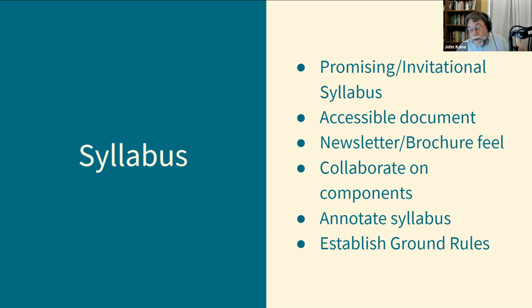And when you create your syllabus, consider using what's called either the promising or now the invitational syllabus by Ken Bain, who first developed the idea. Many of our syllabi read as if they're a penal code, listing all the things that students can do based on a long history of things that students have done in the past, and all the penalties and all the guidelines and so forth.